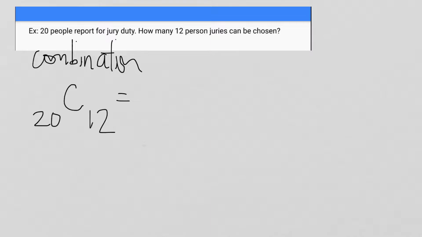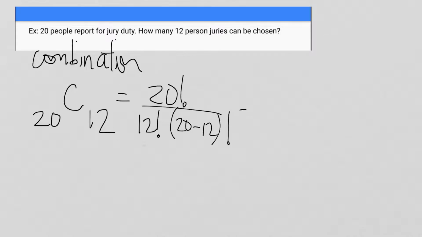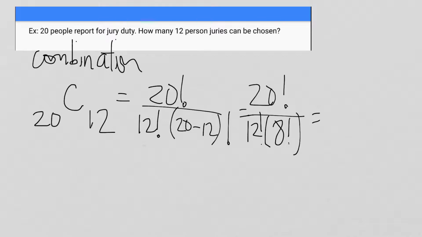If I was to do the formula way, I would have it as 20 factorial on the top divided by 12 factorial times 20 minus 12 factorial. Work this all out. And these are big high numbers. You would work it out, cancel things out.